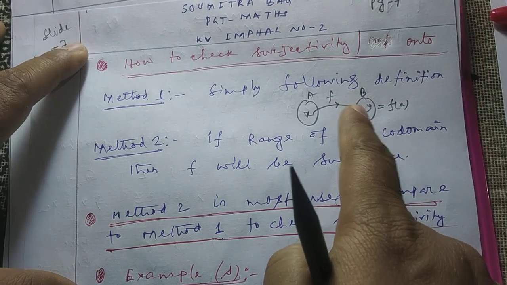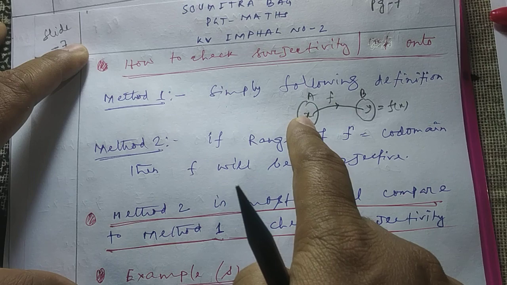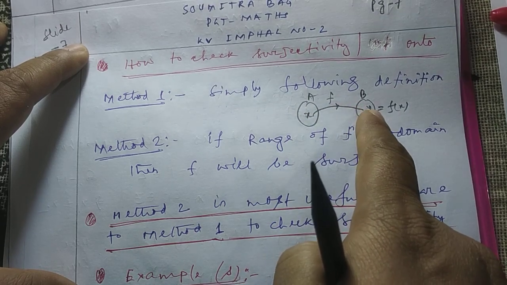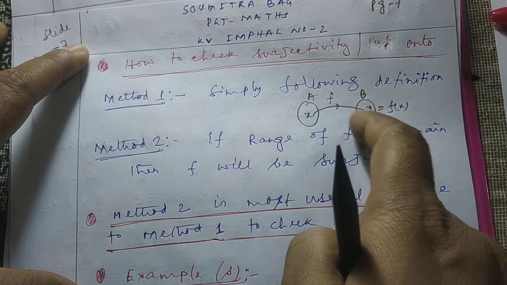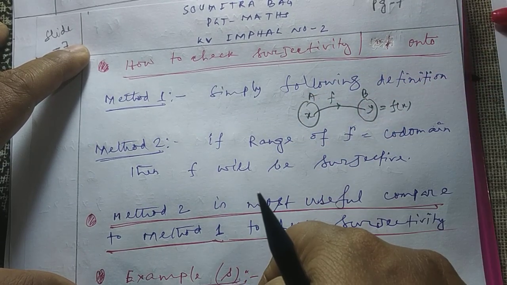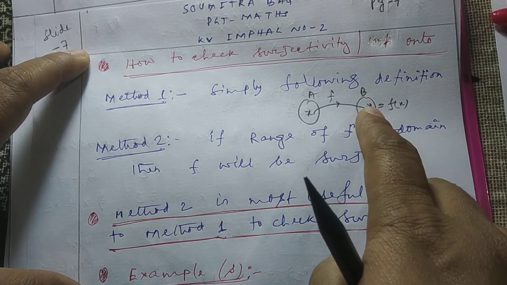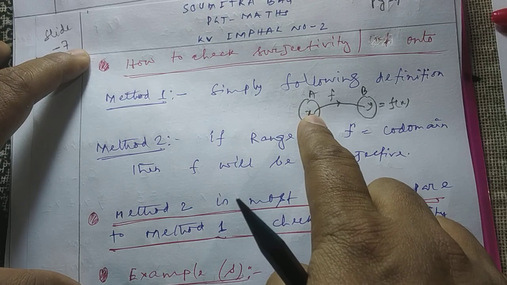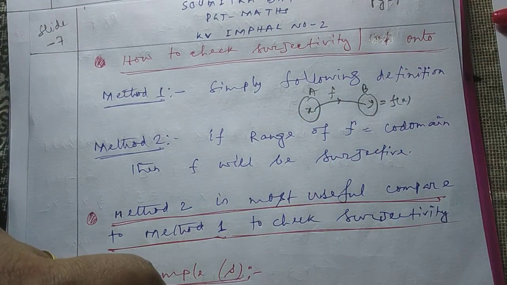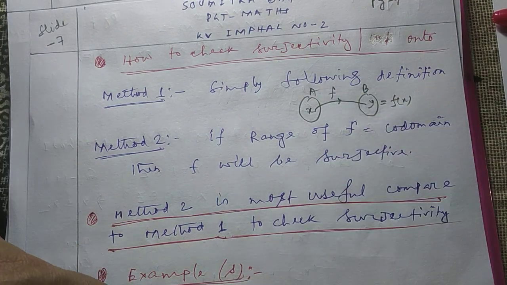To be surjective, y must have at least one preimage in A. That means if somehow we can check y has at least one preimage in A, then f will be surjective, otherwise not. Suppose we are not getting any preimage of y in A, in that case f will not be surjective. That is the main understanding of the definition. Understood?